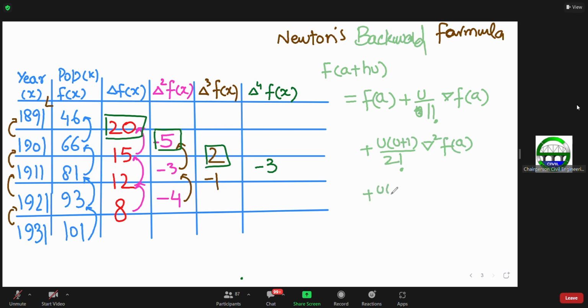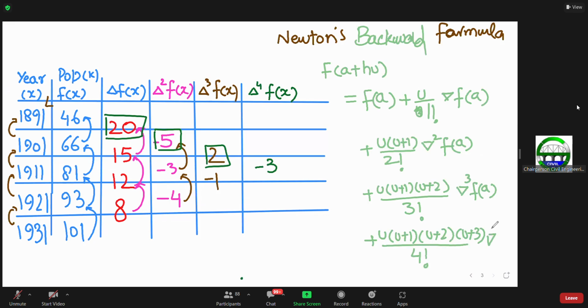Plus u plus 1, u plus 2 divided by 3 factorial nabla cube f of a, and plus u plus 1, u plus 2, u plus 3 divided by 4 factorial nabla 4 f of a, right? This one will be your formula.